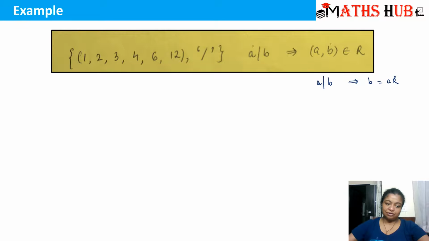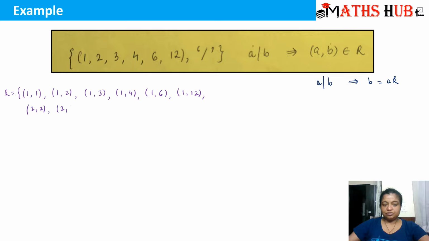So let us list out all the elements in the relation R, and then let's try to draw the Hasse diagram. So the first element that comes in the relation is 1,1, because 1 always divides 1. 1 divides 2, 1 divides 3, 1 divides 4, 1 divides 6, 1 divides 12, right? Then let's start with 2 now. 2 divides 2, 2 divides 4, 2 divides 6, 2 divides 12.